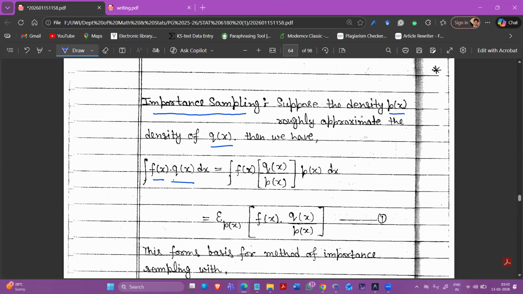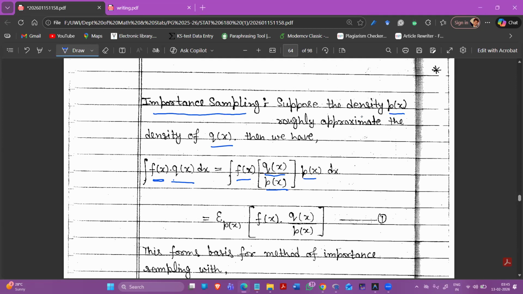The integral with respect to q(x) we want to solve, and f(x) is again a function of the random variable x. So we can write it like this: f(x) multiplied by q(x), that is our targeted density, multiplied and divided by the proposal density p(x), which is approximately equal to your density q(x).